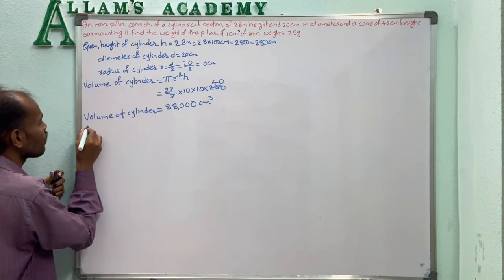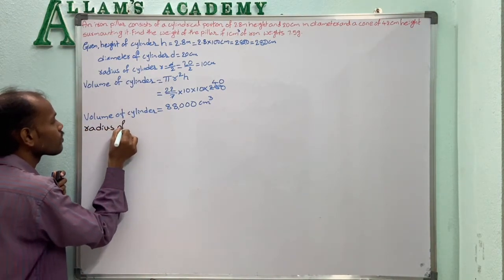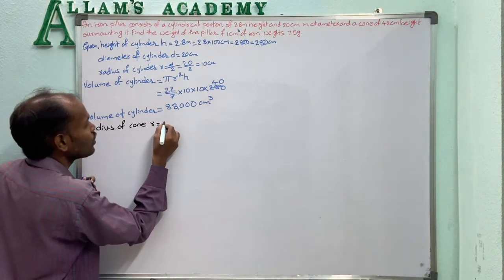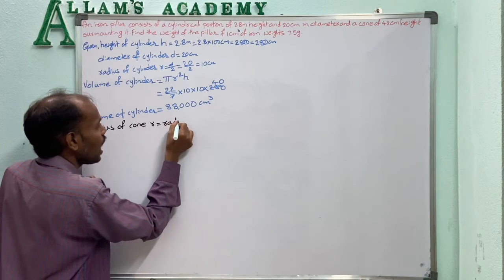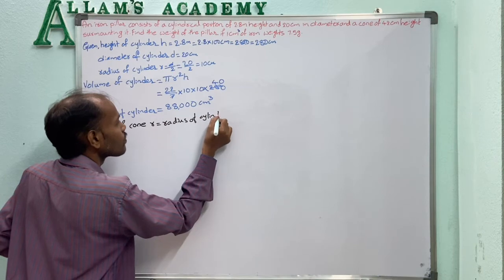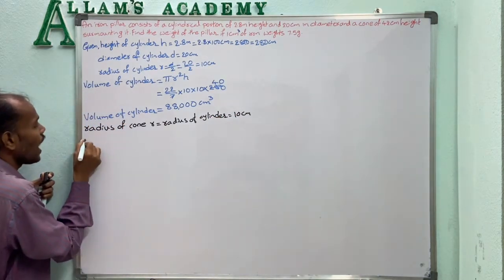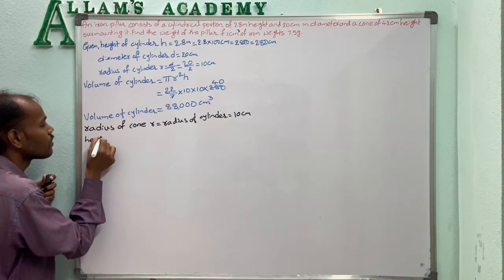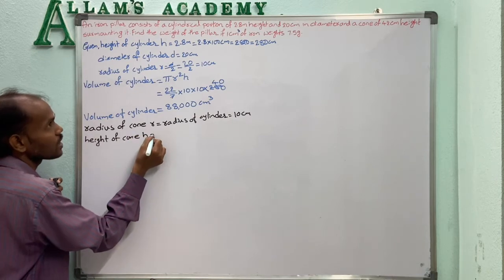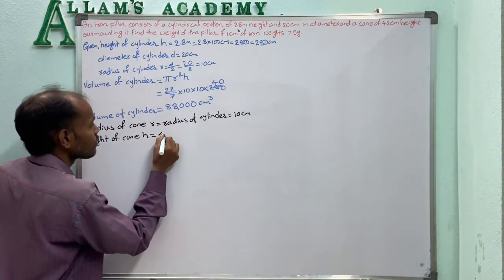So radius of cone is equal to the radius of cylinder, that equals 10 centimeters. Next, height of cone, h equal to 42 centimeters as given.